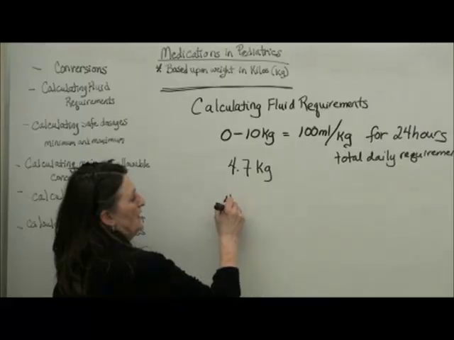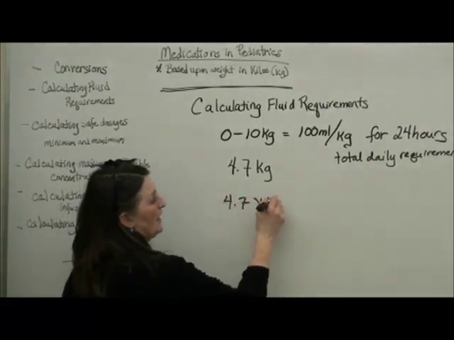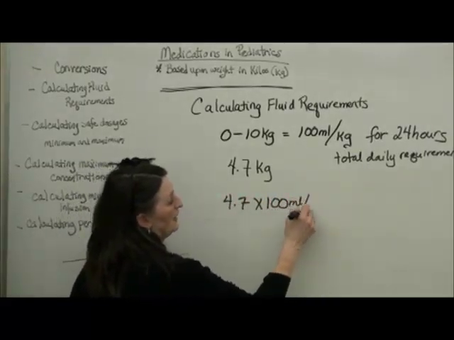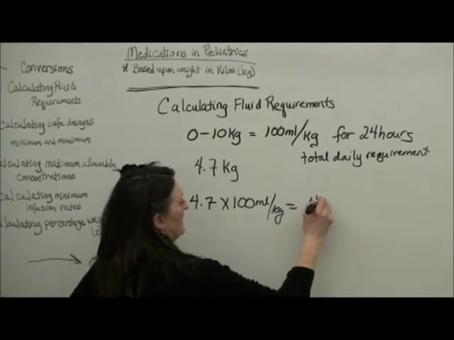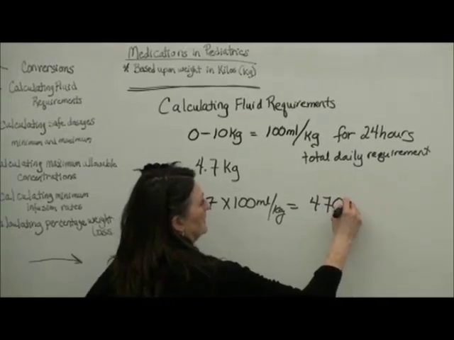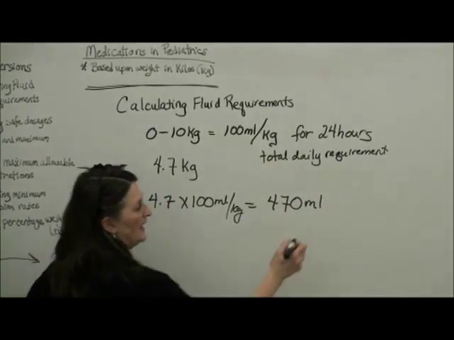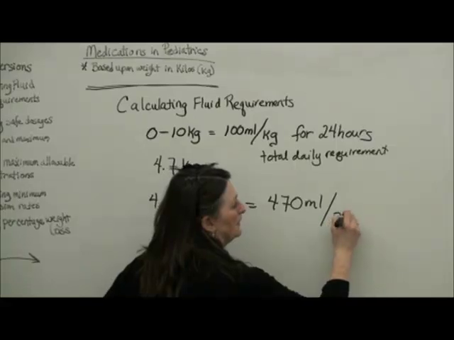We take 4.7 times 100 milliliters for each kilo, and we get 470 milliliters. They need that in a 24-hour period.